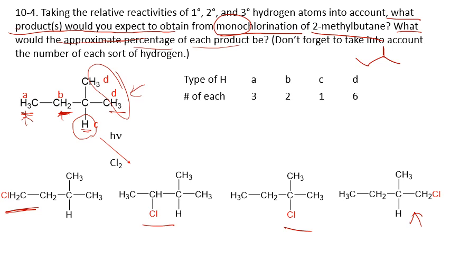So if all these hydrogens had the same reactivity, then this is the ratio you would get, because the more hydrogens you have, the more possible it is that a hydrogen will be replaced by chlorine. So the product ratio should equal the number of hydrogens in the reactants.